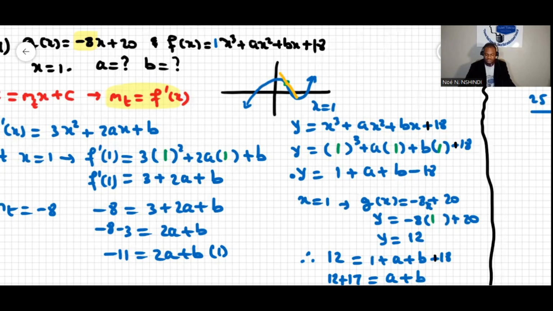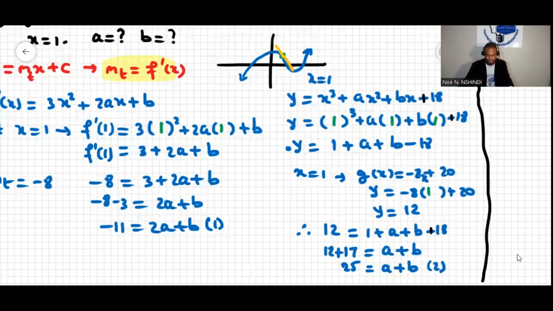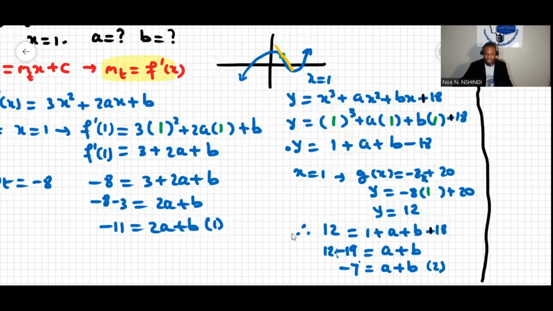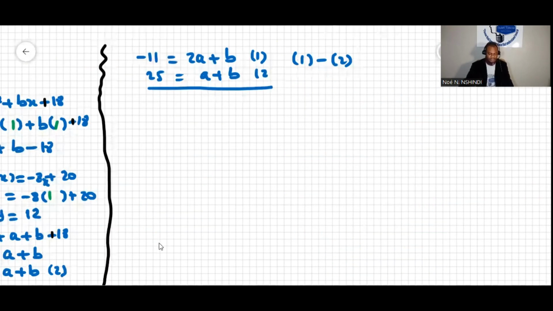Now 1 plus 18 will be 19. Moving 19 over, it's going to be negative 19. And then 12 minus 19 is equal to negative 7. Now over here we have negative 7.